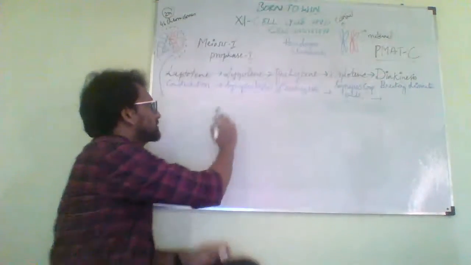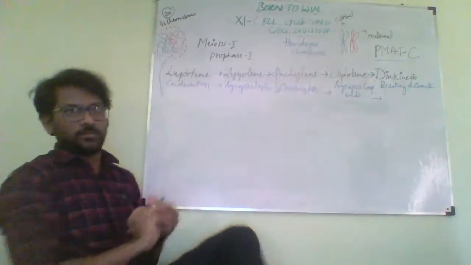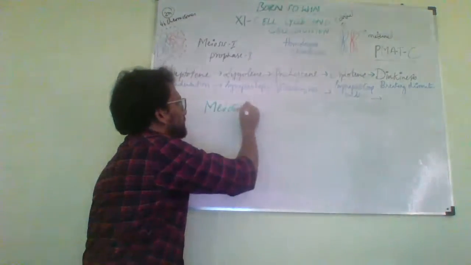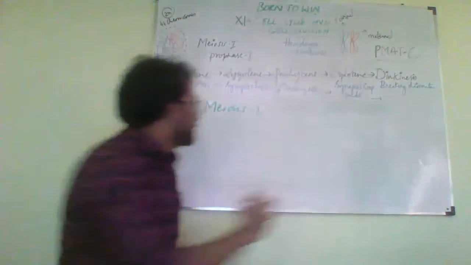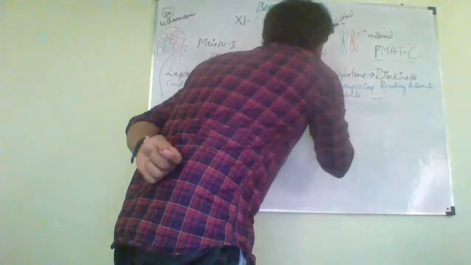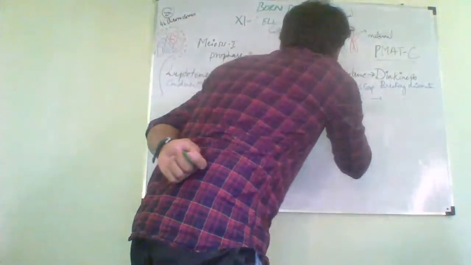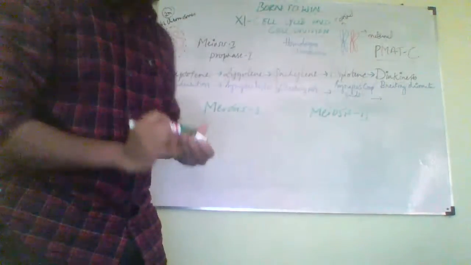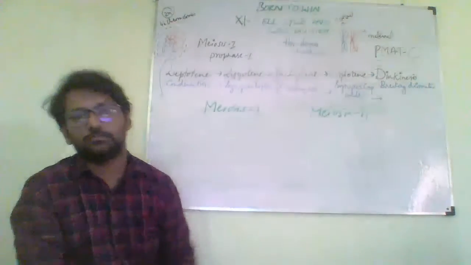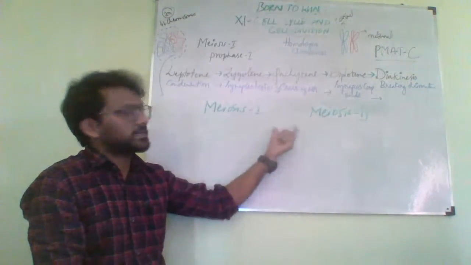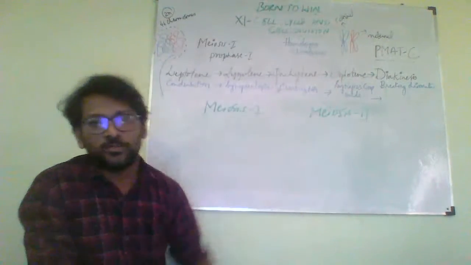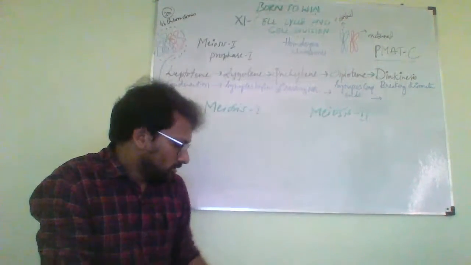So we can write like this: meiosis. We have meiosis 1 and then we have meiosis 2. There are events which differ from meiosis 1 to meiosis 2, and there is an interkinesis state, an interphase, which connects both meiosis 1 and meiosis 2.